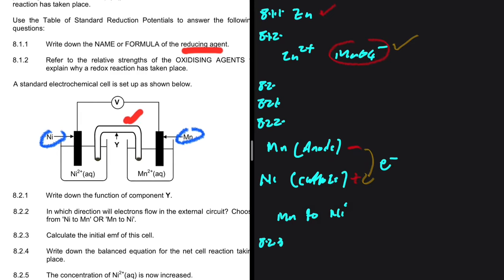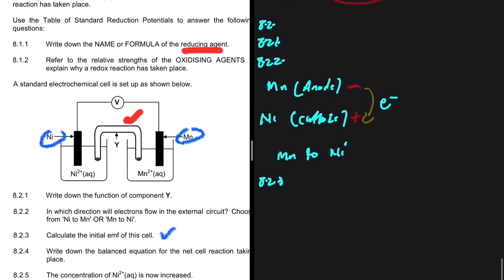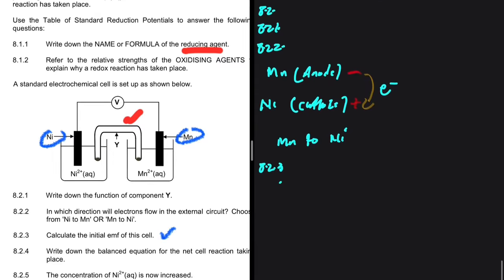8.2.3, we're supposed to calculate the initial EMF of the cell. So let's go ahead and do that. The initial EMF of the cell will be equal to the reduction potential at the cathode minus the reduction potential at the anode.